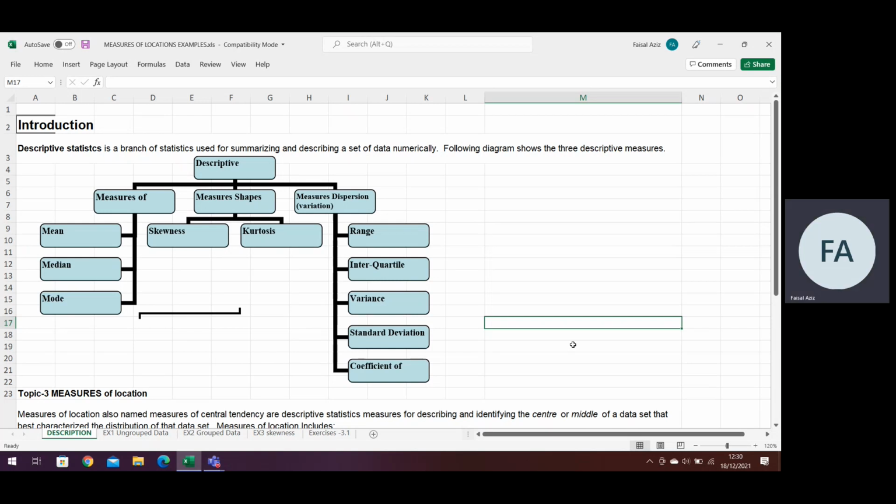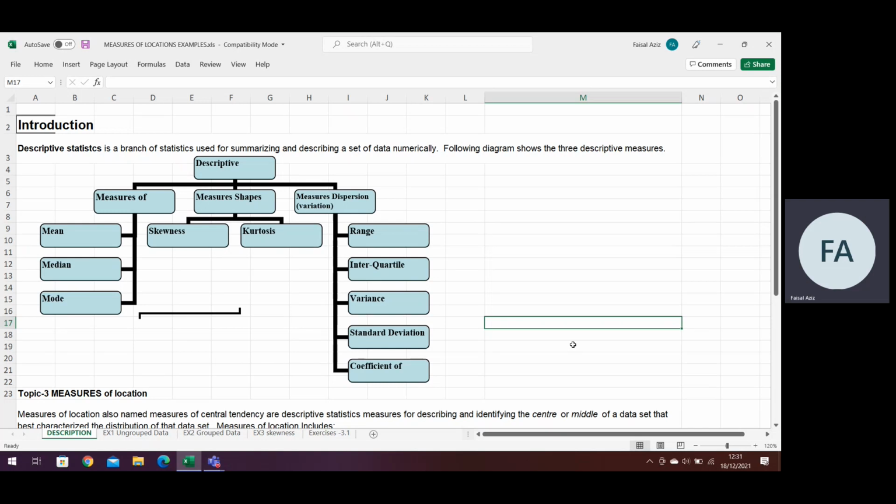Then we have measures of shape. In measures of shape, we have skewness and we have kurtosis. Skewness is seen when we draw the distribution of the given data. Normally, if it is symmetric and balanced, it looks like a bell, and both sides will be equidistant, the same.